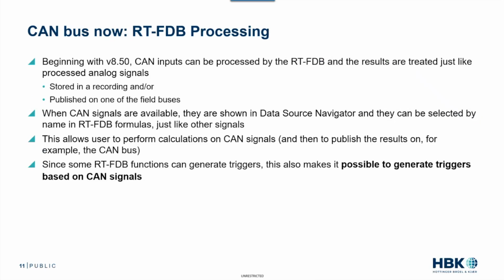What's new with this release is that the CAN bus signals are now supported in what we call our real-time formula database. The real-time formula database is DSPs in the mainframe that do the real-time calculations, and you can now do those real-time calculations on the CAN bus data. So data that we have coming into the power analyzer from the CAN bus can now have calculations performed on it.